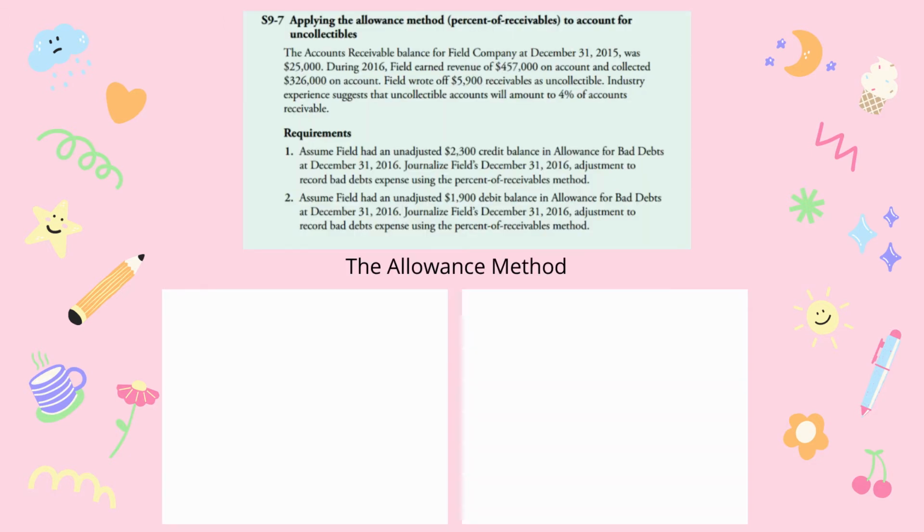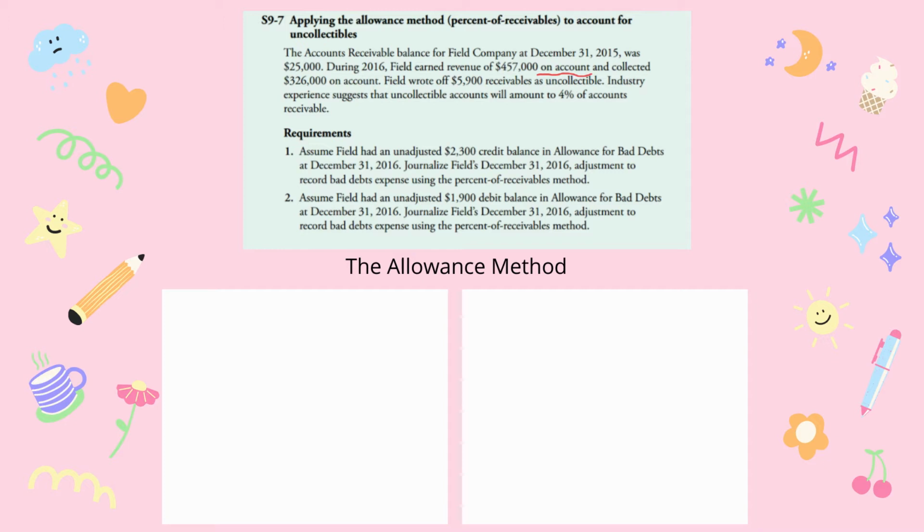We have this question, which is the accounts receivable balance for Field Company at December 31st, 2015 was 25,000. During 2016, Field earned revenues of 457,000 on account. So this is my credit sales. And collected 326,000 on account.